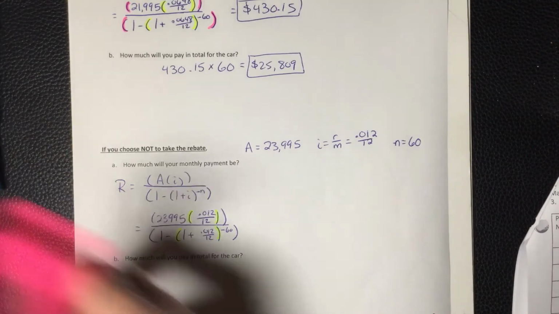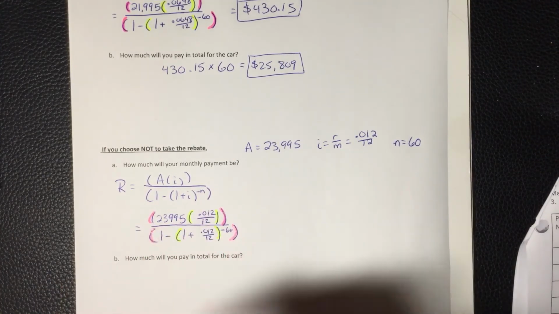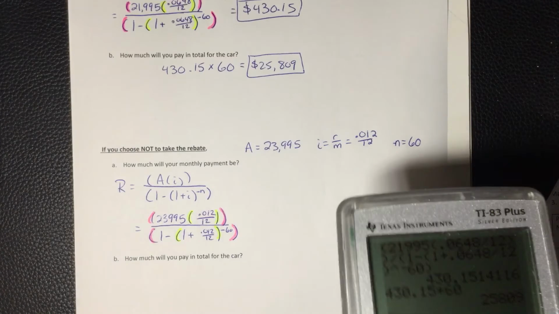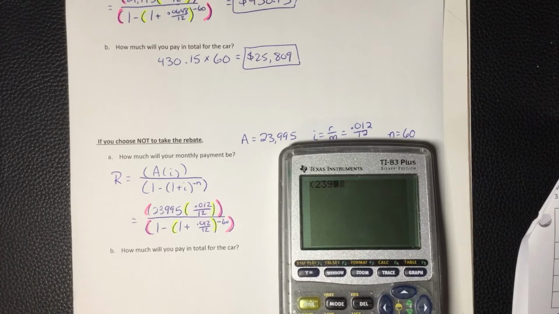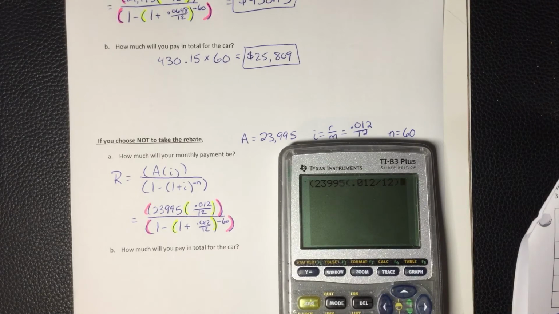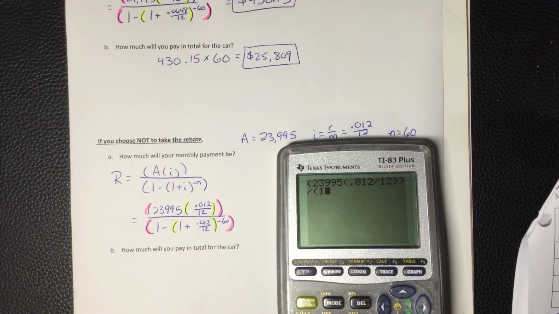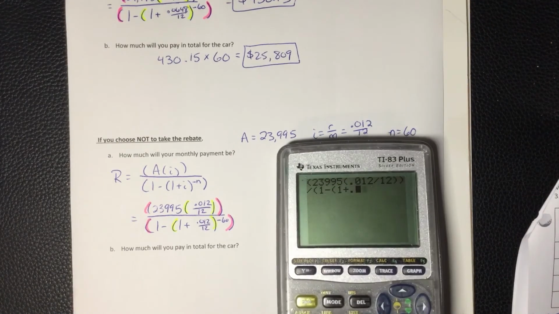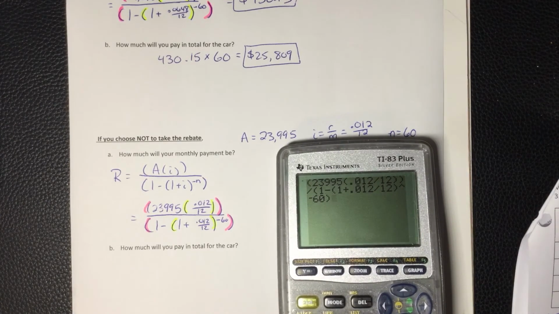Let's get our parentheses in place. All right, and let's see if this is a better deal. Even though we're paying more for the car, it is a much lower interest rate. So $23,995 times our value of I, close, divide to get the denominator, parenthesis 1 minus, parenthesis 1 plus, 0.012 divided by 12. We're going to raise that to the negative 60 and close our parentheses.